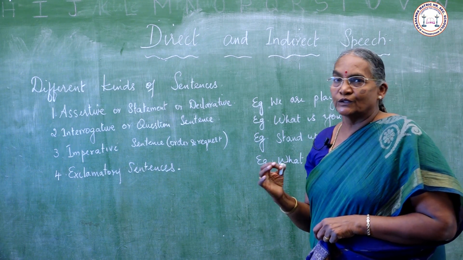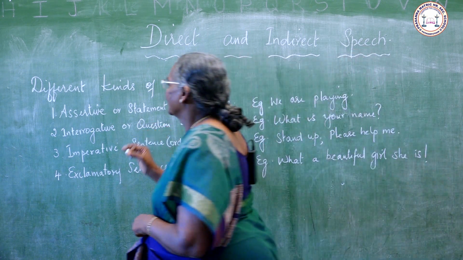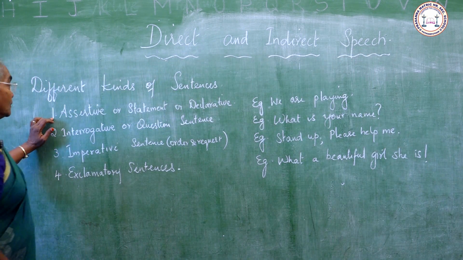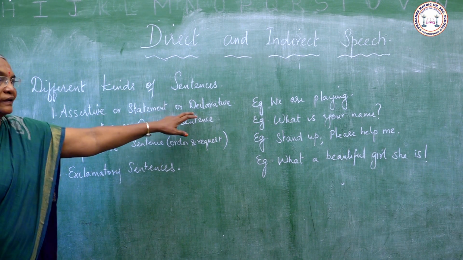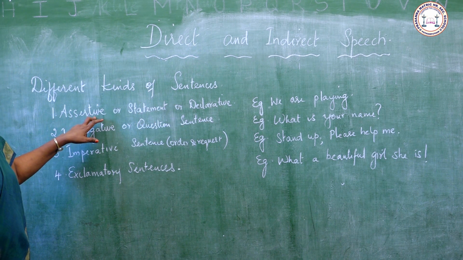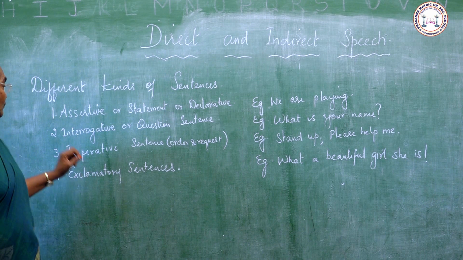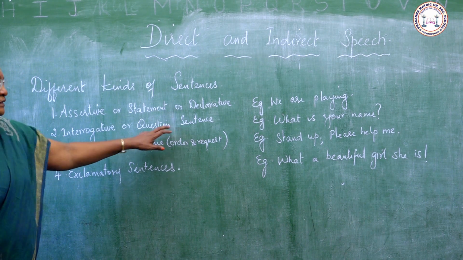Before that, we should know what are the different kinds of sentences. First one, assertive or statement or declarative. It gives some kind of information. Then second one, interrogative or question sentence.